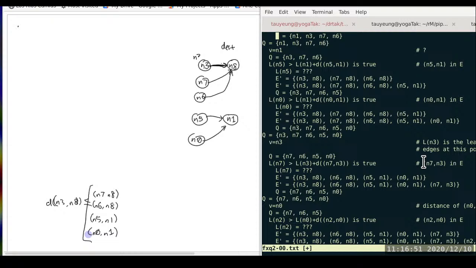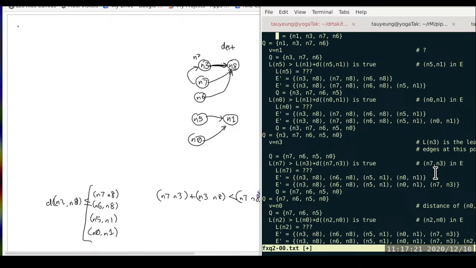And then we see that there's an edge of n7, n3. So n7 connects to n3 like that. And it is a shorter path. So we know that n7, n3 plus n3, n8 is less than n7, n8.